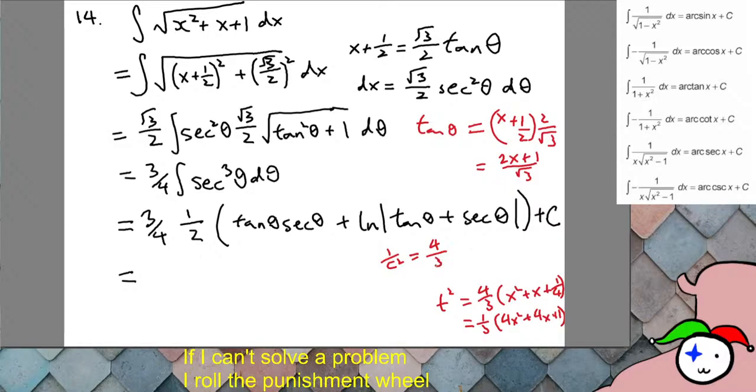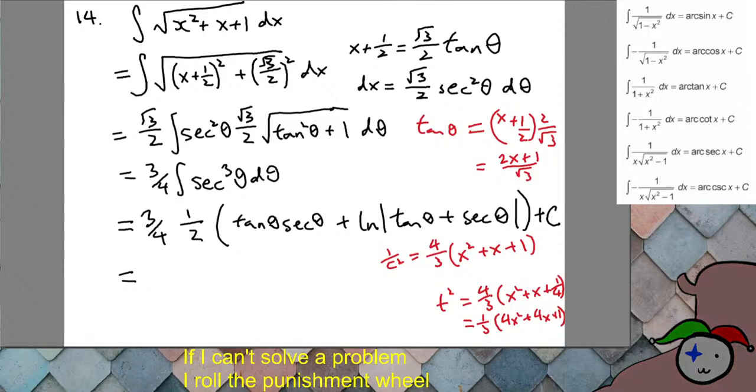Am I correct in saying it's 4/3 of x squared plus x plus 1? No, because this is what I got up here, right? Yeah. Right. Yeah, maybe. I'm getting a headache from this.